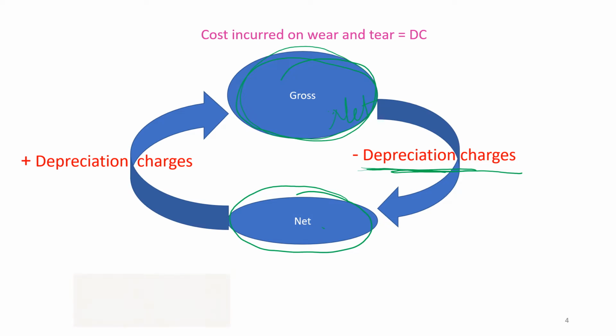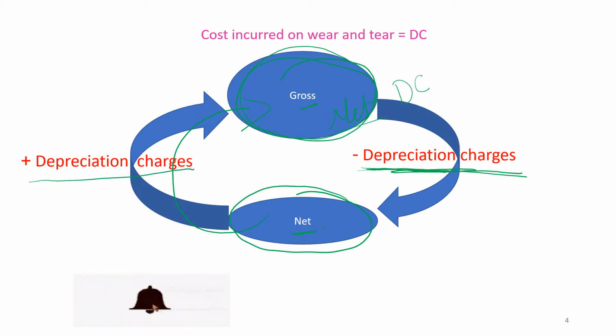From gross, we should deduct the depreciation charges. In a similar manner, net is a part of gross, and along with the net, if depreciation is added, we will arrive at gross. So if you are converting net into gross, then add depreciation charges.